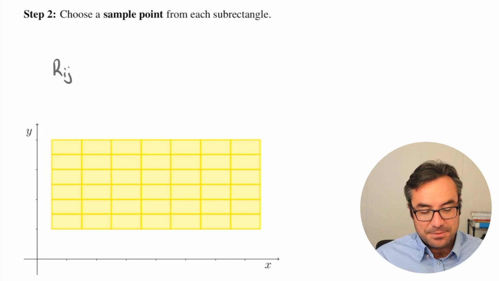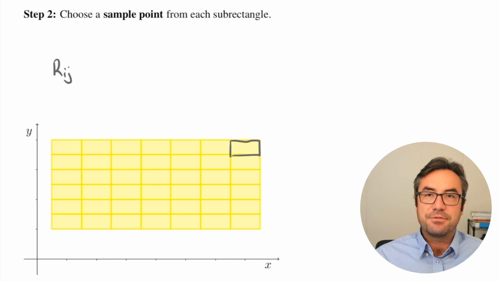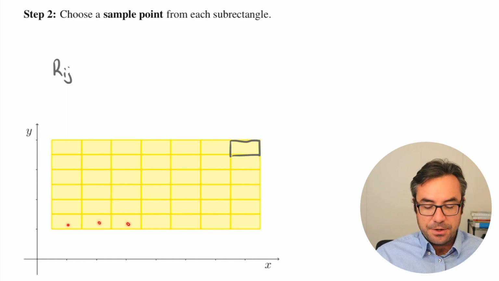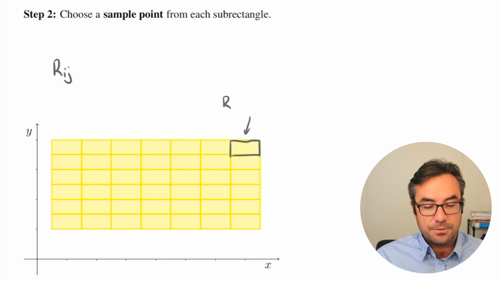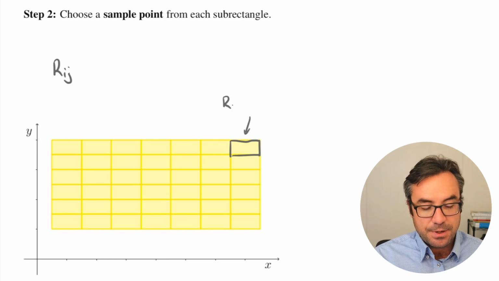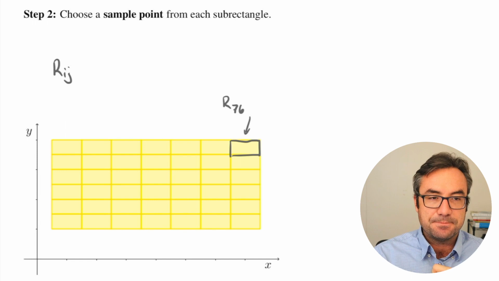Let's maybe pick the end one here. So what do we have? Well, we've got 1, 2, 3, 4, 5, 6, 7 in the x direction, and 1, 2, 3, 4, 5, 6 in the y direction. So this would be this little subrectangle here. This would actually be R_7,6.